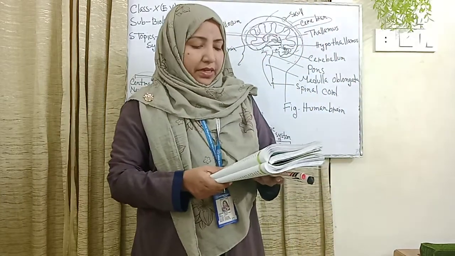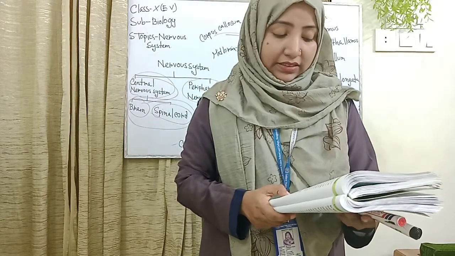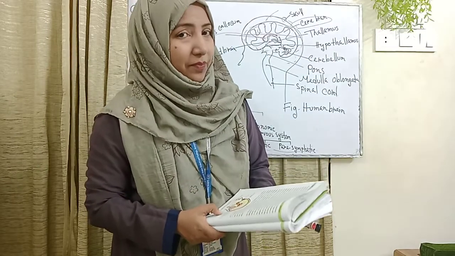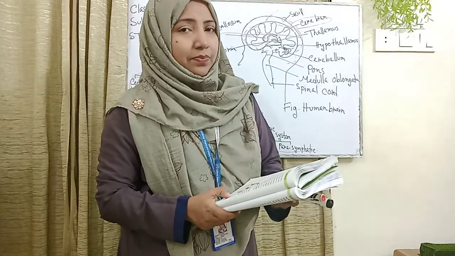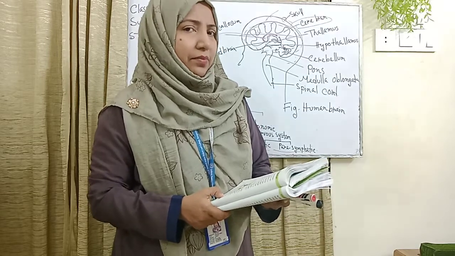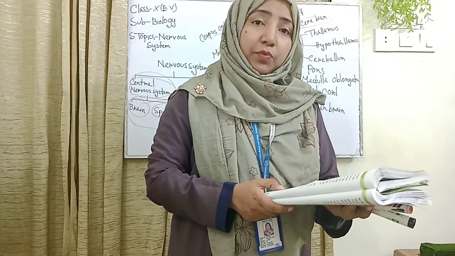The cerebrum is the higher organ which receives nerve impulses and sends responses to the various organs of the body. Again, I also explain about the cerebrum, another name of which is the forebrain. The cerebrum is the center of body movement.